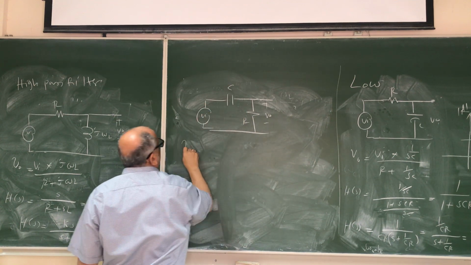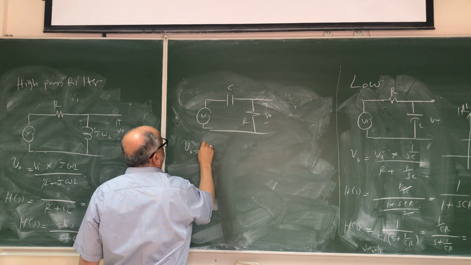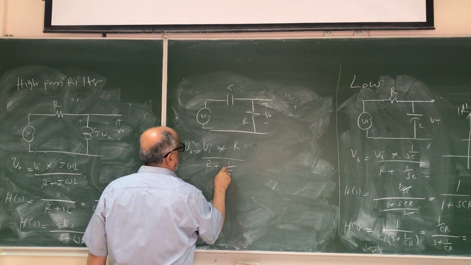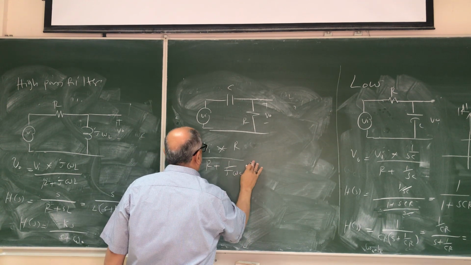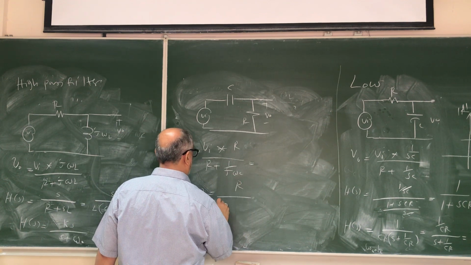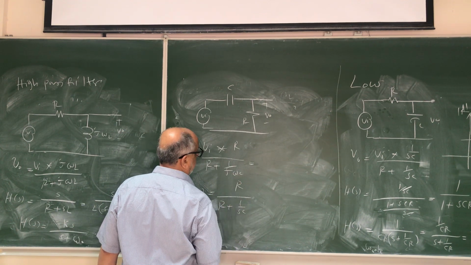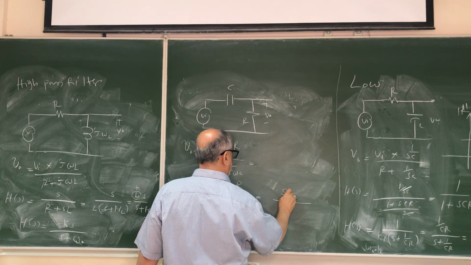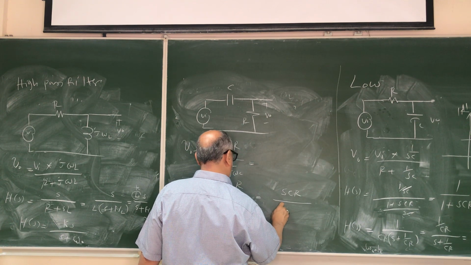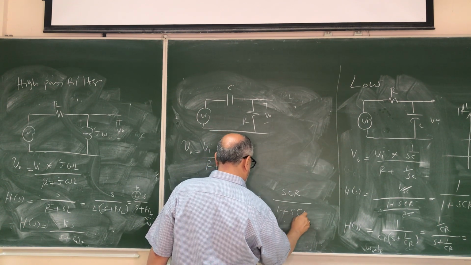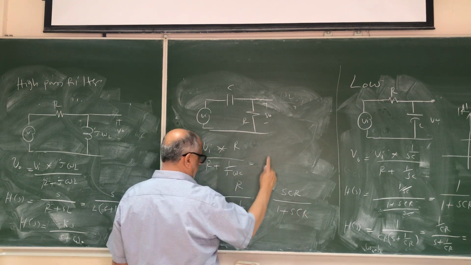So we can say V out is equal to Vi R over R plus 1 over j omega C. So H of S is equal to R over R plus 1 over S C. So this can be written as S C R over 1 plus S C R. We take the common factor S C, it goes up.